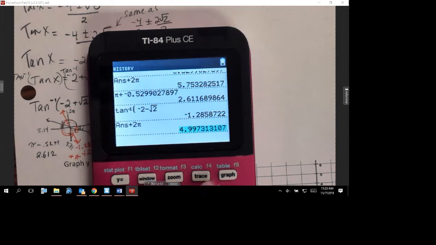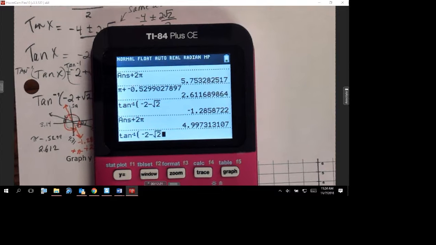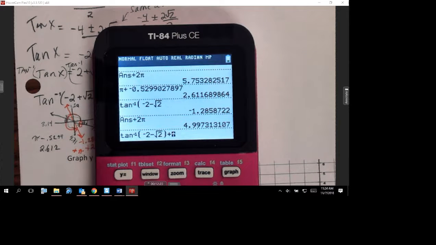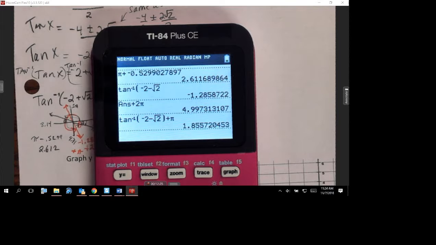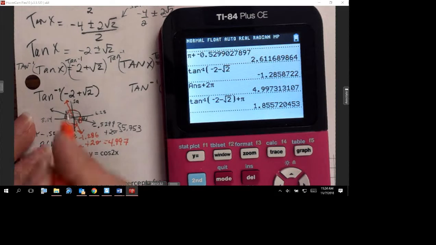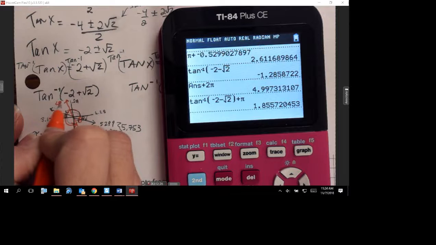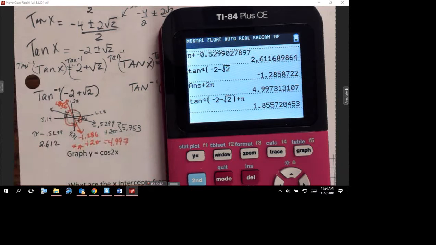So I can go back up and I can add pi. I get 1.856. Does that seem right for this quadrant?